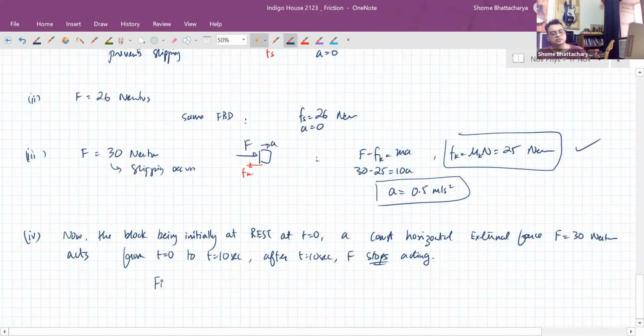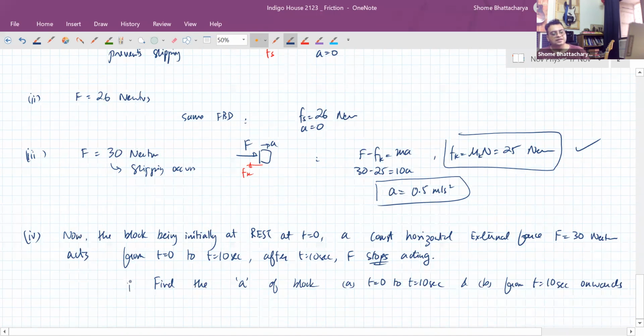So find the acceleration of the block from t equal to 0 to t equal to 10 seconds, which you've already done, and from t equal to 10 seconds onwards.